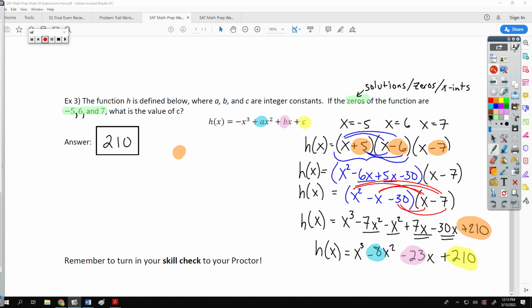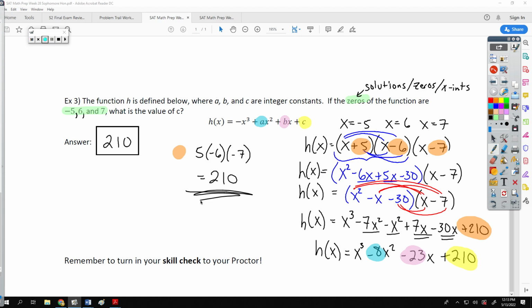When we multiply that out, to get that constant term, C, we really only need to multiply 5 times -6 times -7 to get that 210. So that would be the quicker way to get to that answer, which again, if you've got the understanding of polynomials, you can get there faster than multiplying it out. So anyway, the answer is 210.